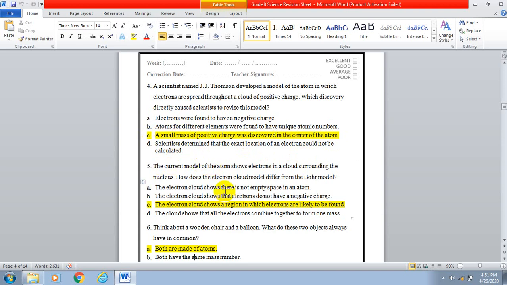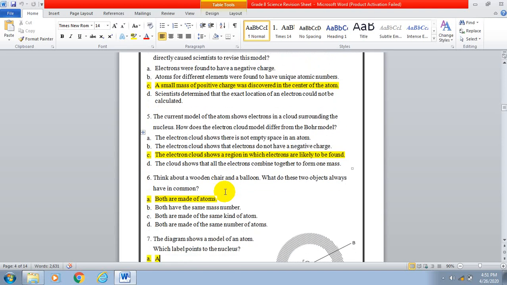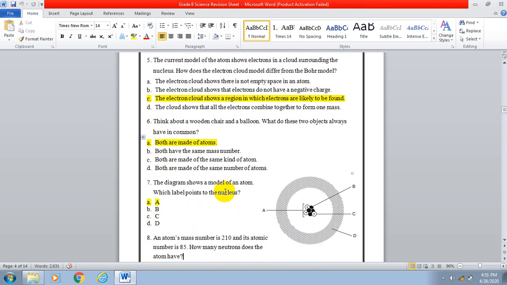For the fifth, the current model of an atom shows electrons in a cloud surrounding the nucleus. How does the electron cloud model differ from the Bohr model? Now there is a differentiation between these two, okay?